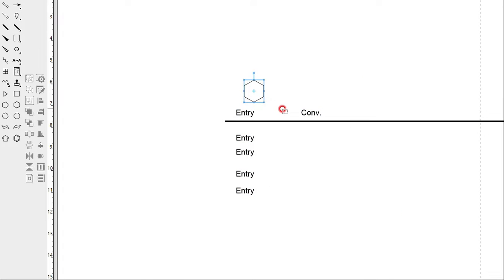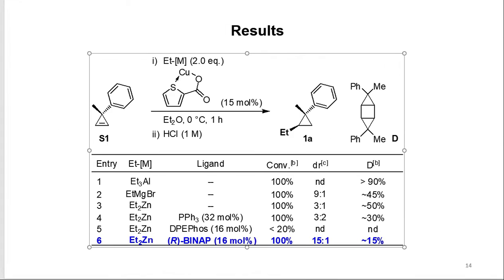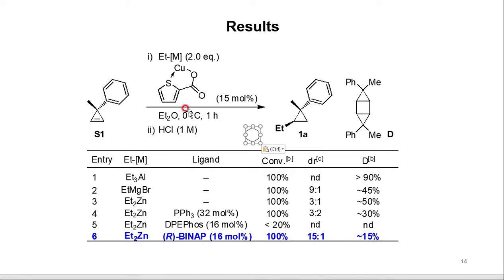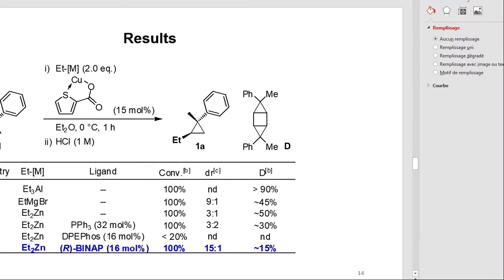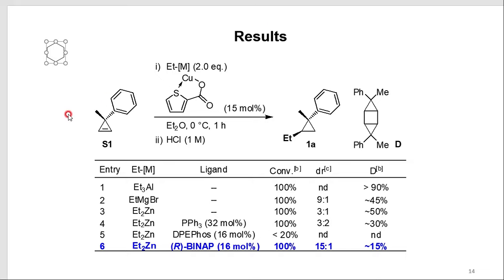Once you have the structure, copy it into PowerPoint. Then go on the side, size, and add only 130%. Then you should typically get the right size.